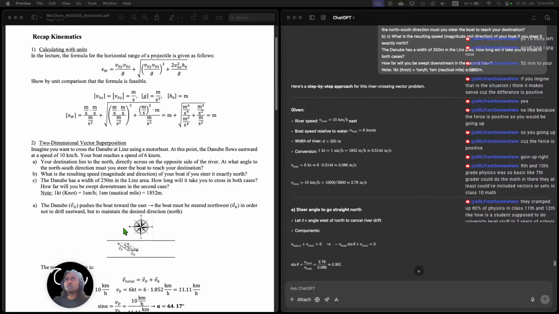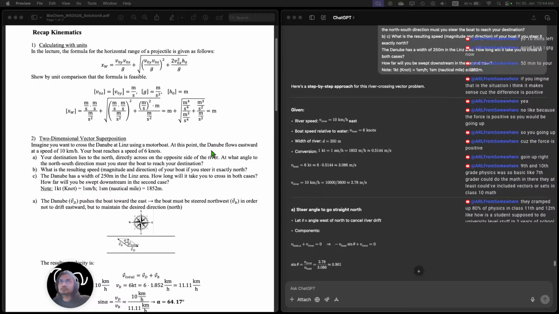How far will you be swept downstream in the second case? 1 knot is one nautical mile per hour, 1,852 meters. River speed, boat speed, speed of 6 knots. Okay.